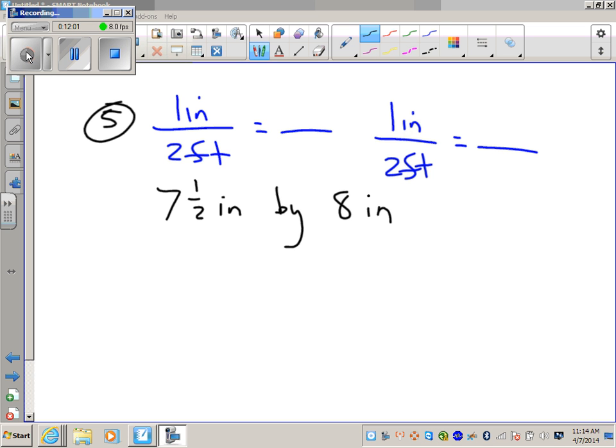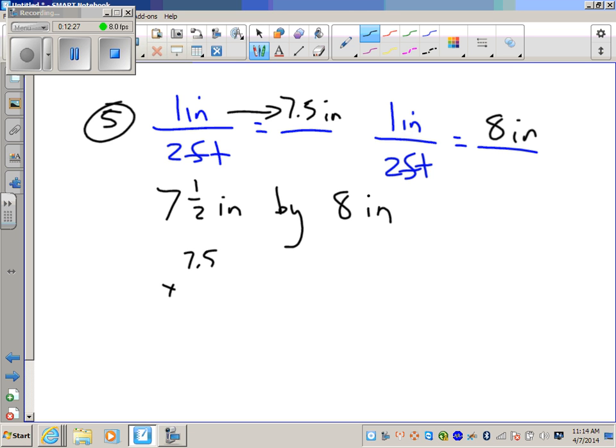Here's my scale. 1 inch is equal to 2 feet. And my measurements are 7.5 inches by 8 inches. Since I put inches on top, I can go 7.5 over here, and over here, let's set up the 8. So the relationship between 1 and 7.5 is going to be what? 7.5 times 2 is going to give me 15.